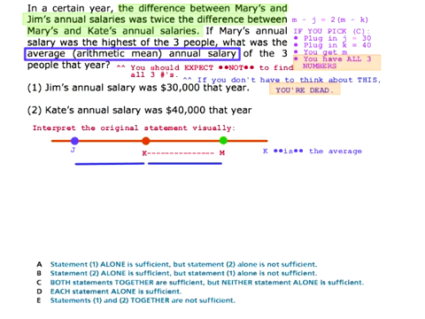And then, alright. So you're bringing everything over to one side.